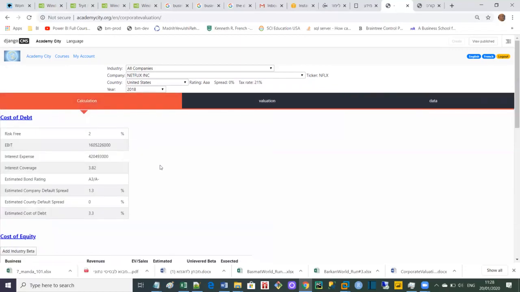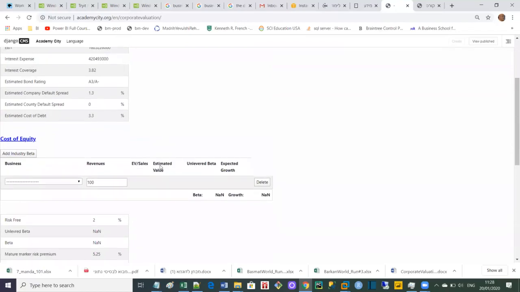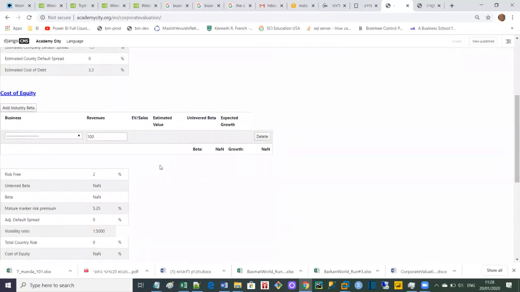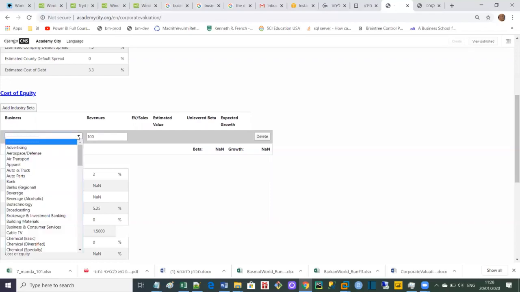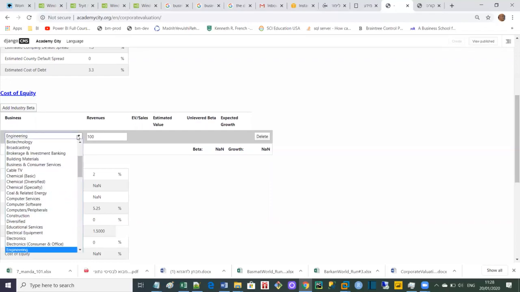Okay. The second part is cost of equity. As we learned in the class, we look at the industries in which this company operates. For Netflix, I would say entertainment is probably the closest one for it. So I would choose entertainment.